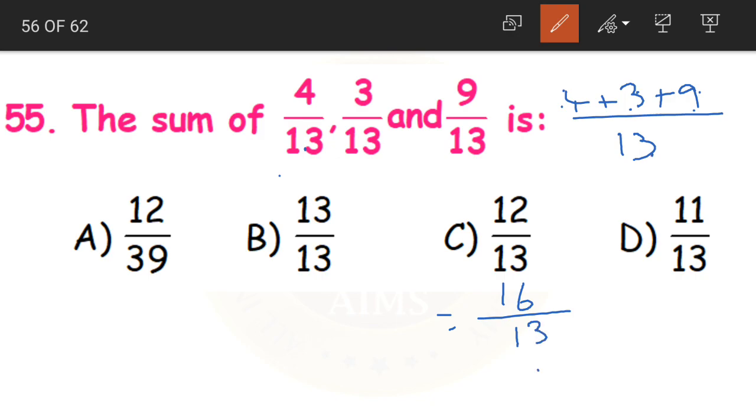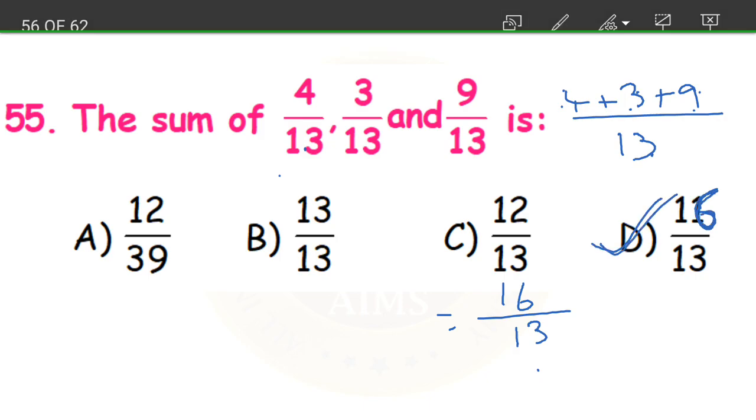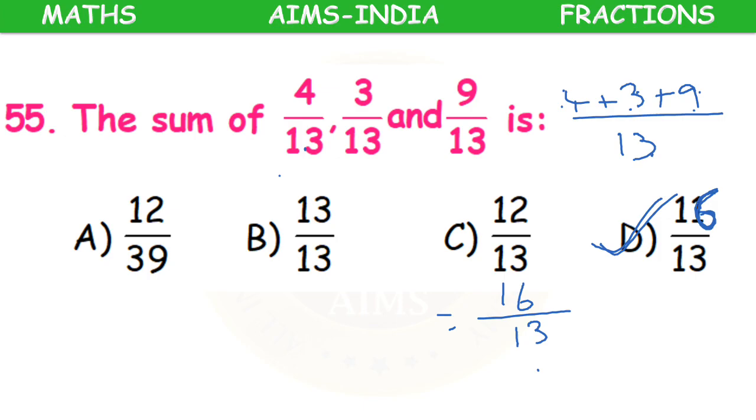Yes children, so 16 by 13 is our answer, but we are not having it in the given options. Okay, let us assume that option D is 16 by 13 and 16 by 13 becomes our correct answer.